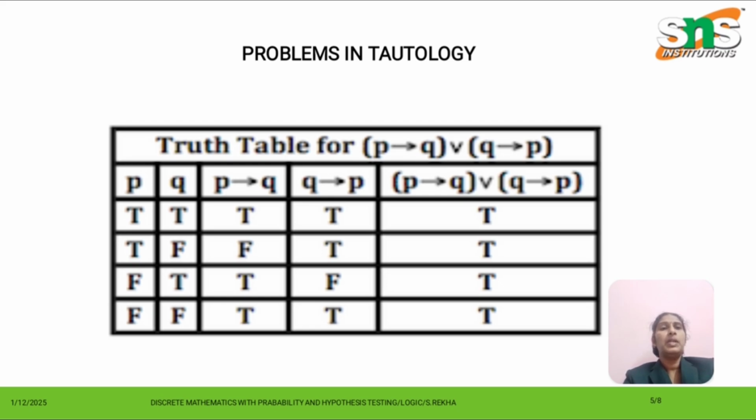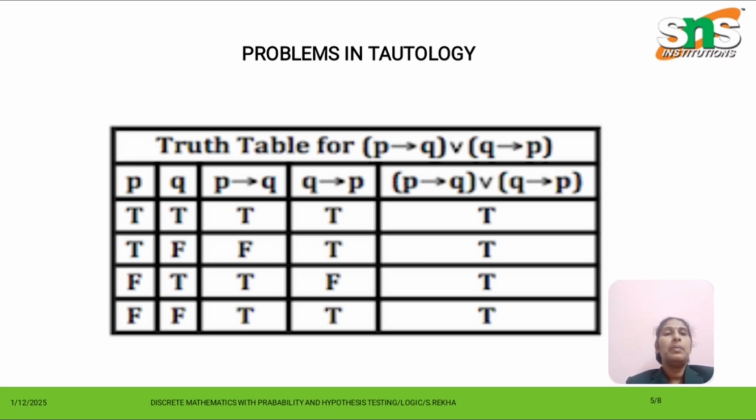One more problem: (P implies Q) or (Q implies P). P is true, true, false, false and Q is true, false, true, false. P conditional Q: first true, second false means false, otherwise true, so we get true, false, true, true. Q conditional P: first true, second false applies in the third row, so true, false means false, otherwise true, giving true, true, false, true.